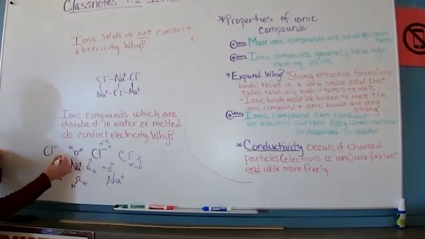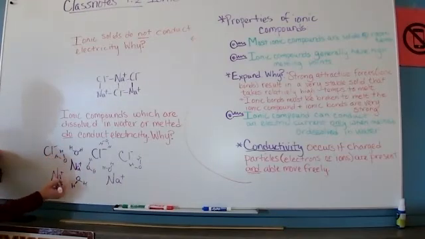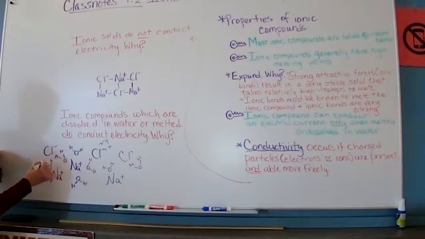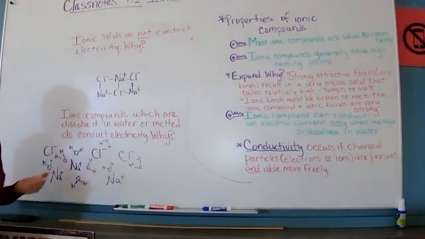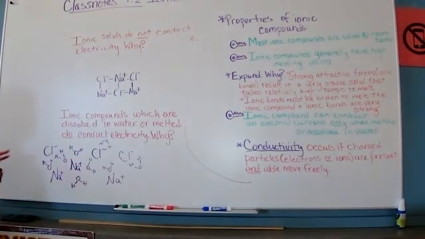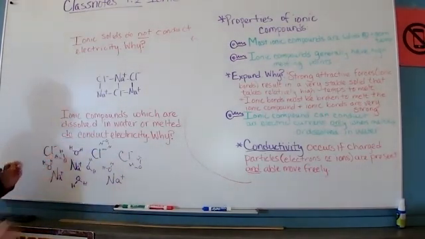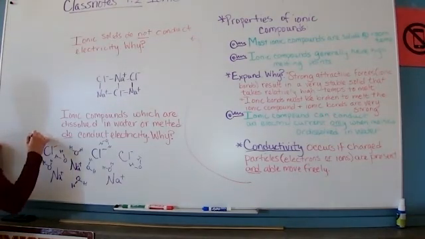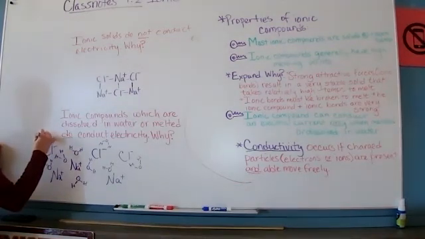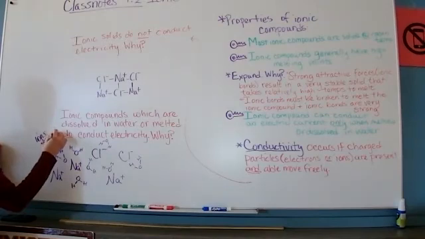So each of these will have some situation where they're surrounded by water. But the point here is that these ions are no longer locked in this crystalline structure, and they can freely move throughout the solution. So that's what's happening when we have ionic compounds dissolved, for example, in water here. Okay.